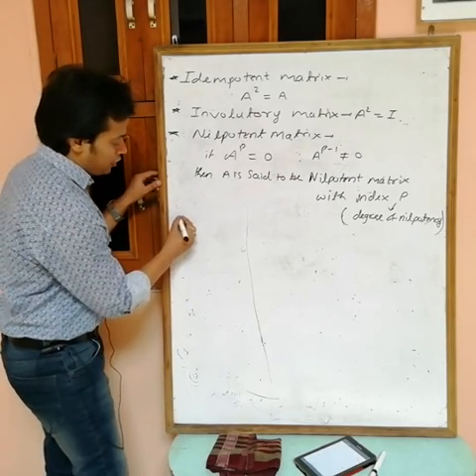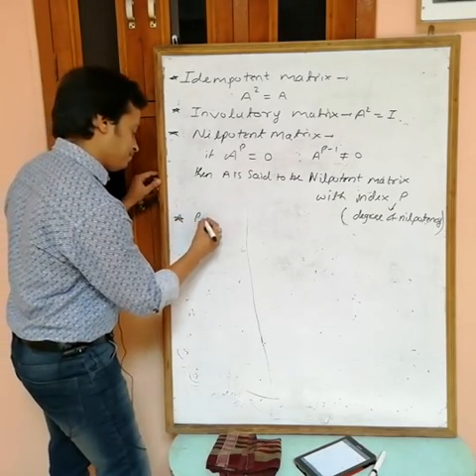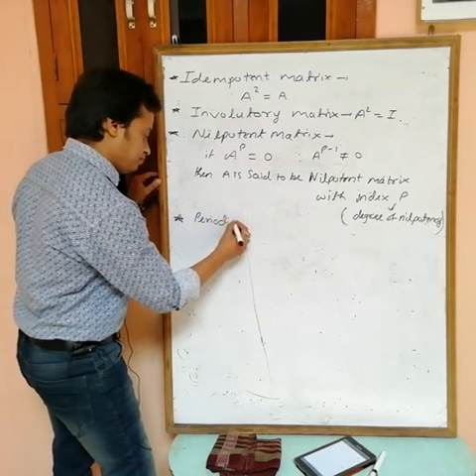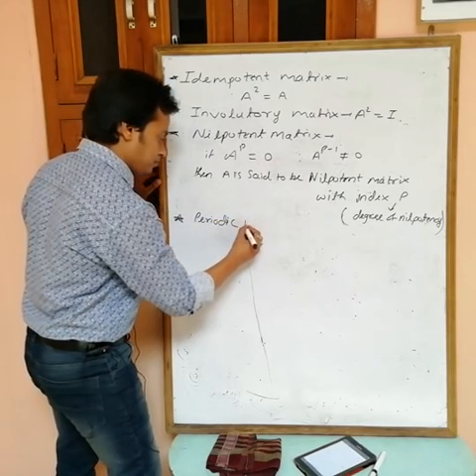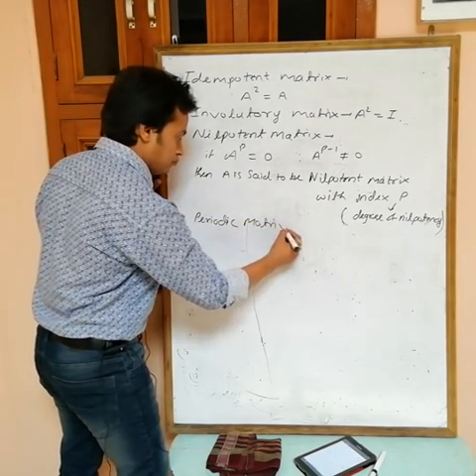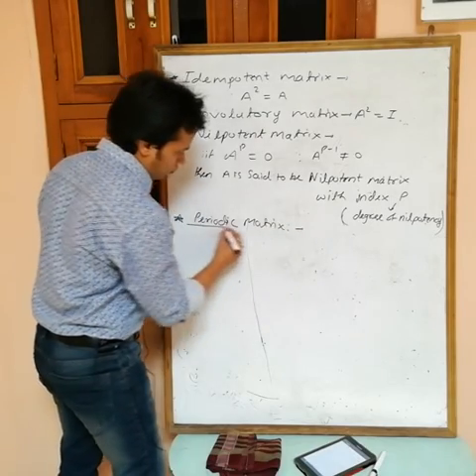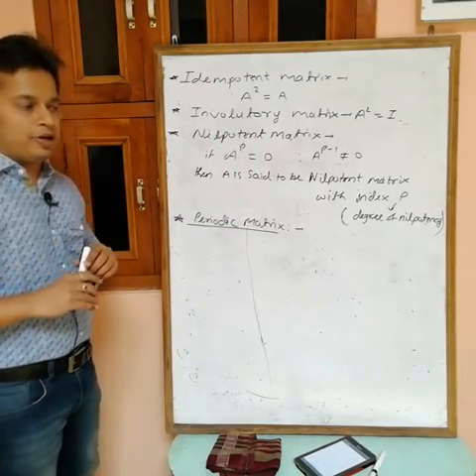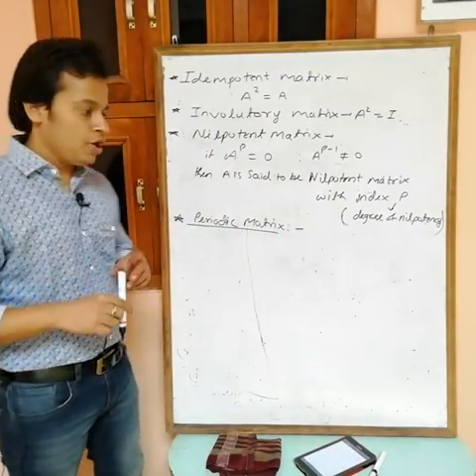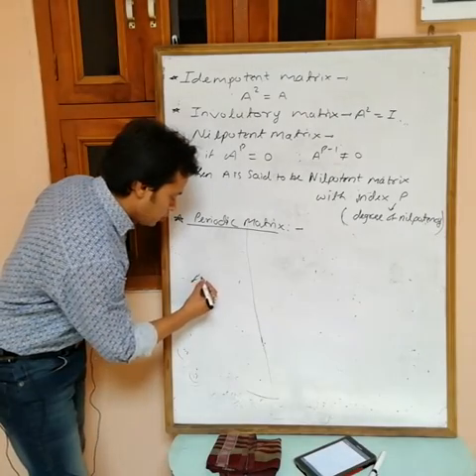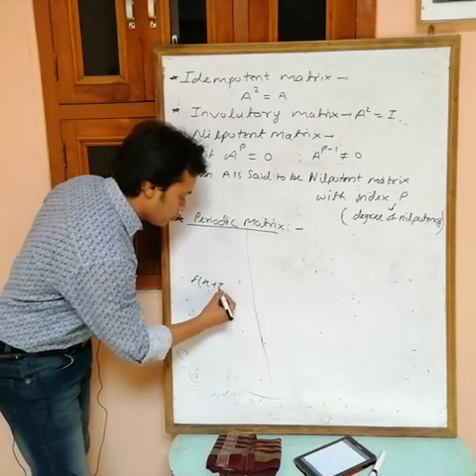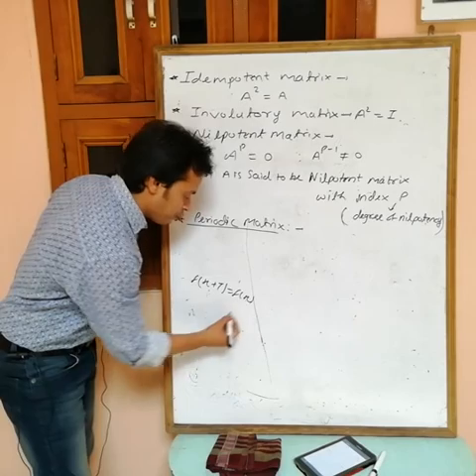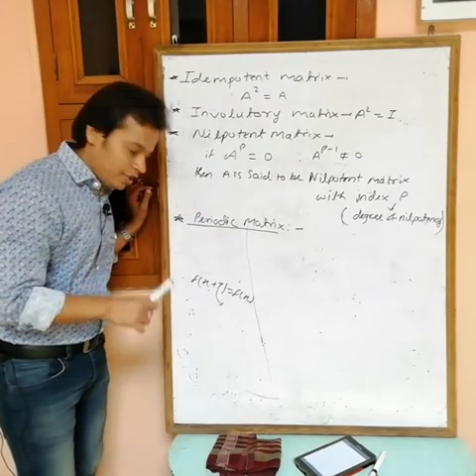Next, periodic matrix. Now what is a periodic matrix? As for a periodic function, any function f(x) is said to be periodic if f(x plus t) is equal to f(x) for a positive real number t.